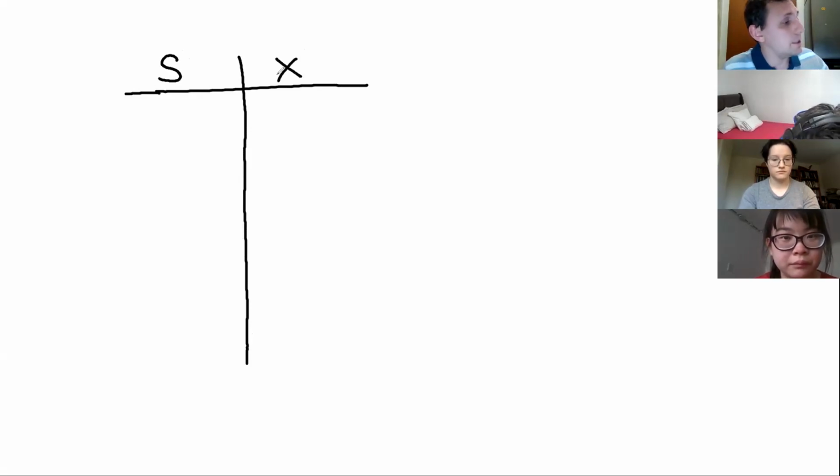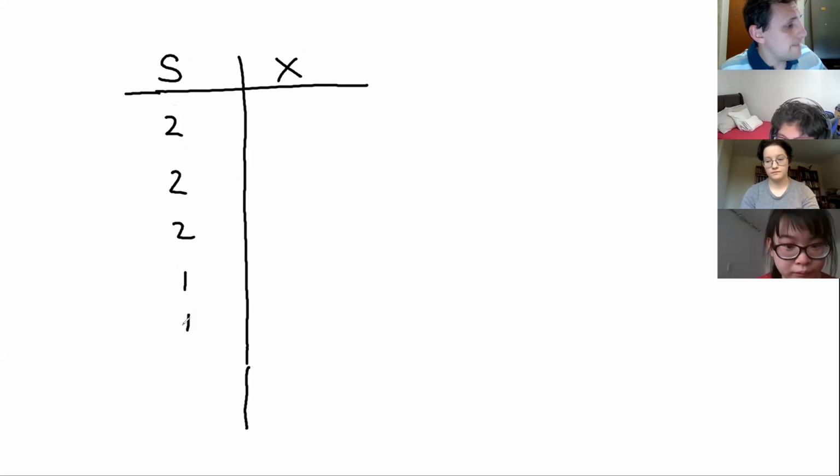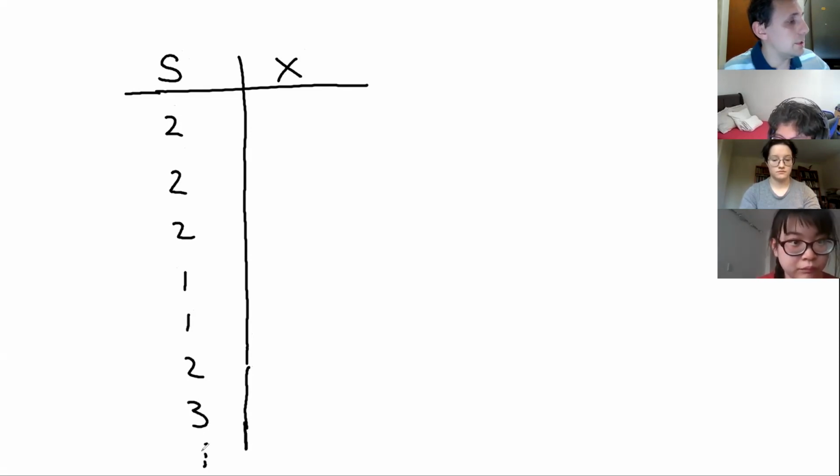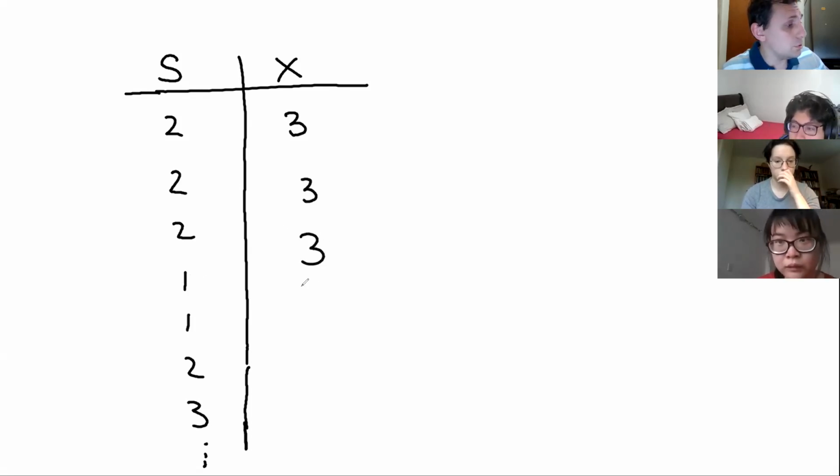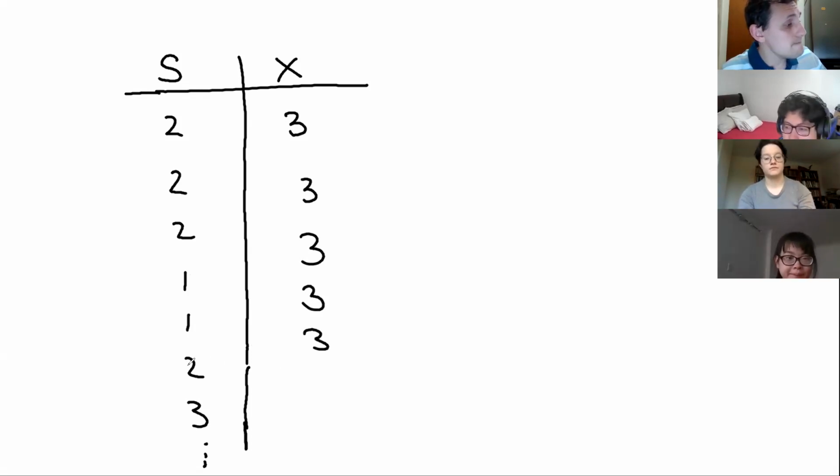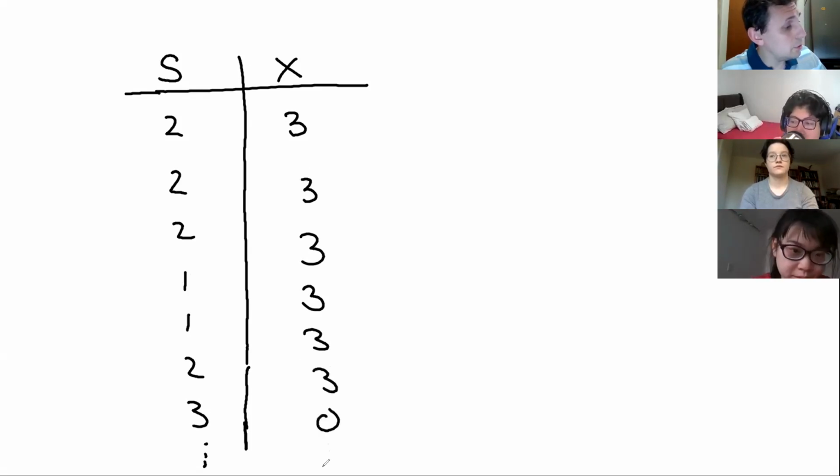So suppose that you play this game and you got outcomes 2, 2, 2, 1, 1, 2, 3, and onwards. This is a giant table, good? So 2 corresponds to the payment of $3, again a payment of $3, again $3. 1 corresponds to also a payment of $3. Here is again another payment of $3, and then this is a payment of $0 and onwards, right?